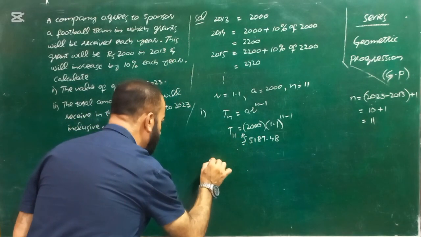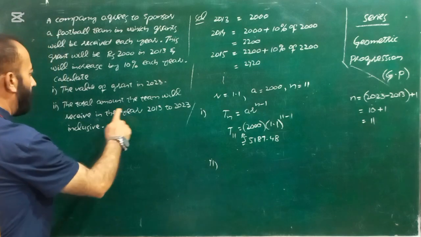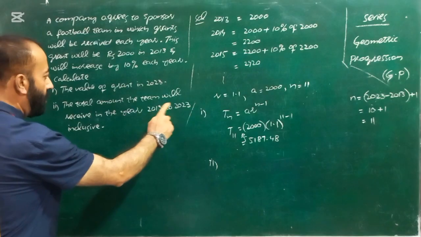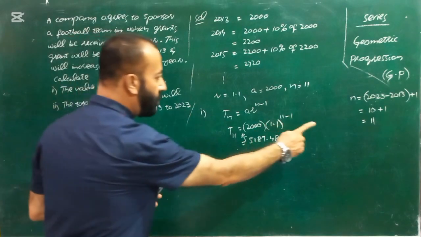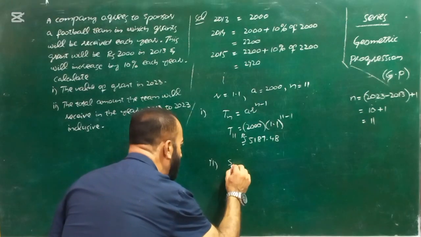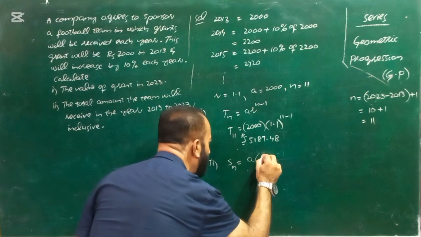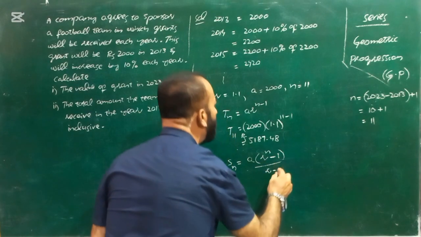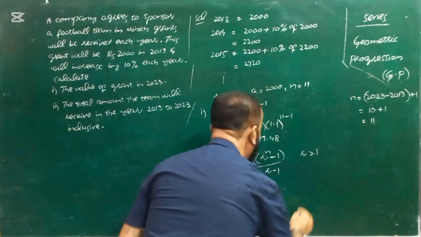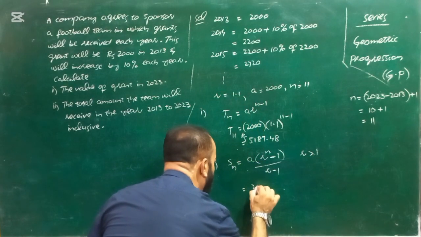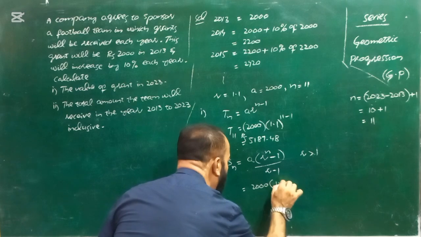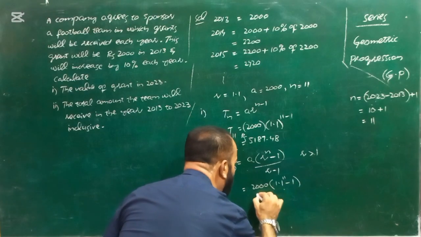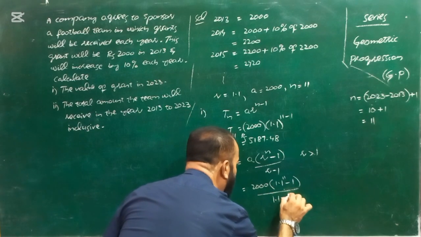Okay, second part. The total amount the team will receive in the years 2013 to 2023 inclusive. So there are actually a total of 11 terms. So Sn will be equal to A into (r^n minus 1) over (r minus 1), because r is greater than 1. So putting values, A is 2000, r is 1.1, n is 11, minus 1 is there, over 1.1 minus 1.